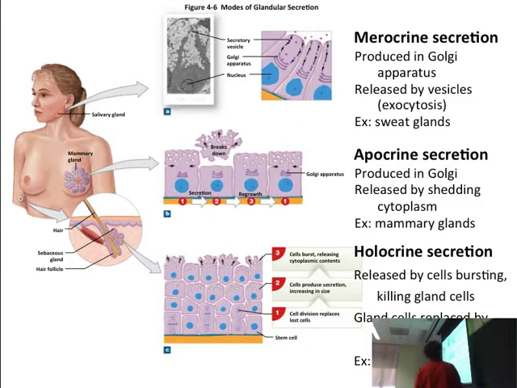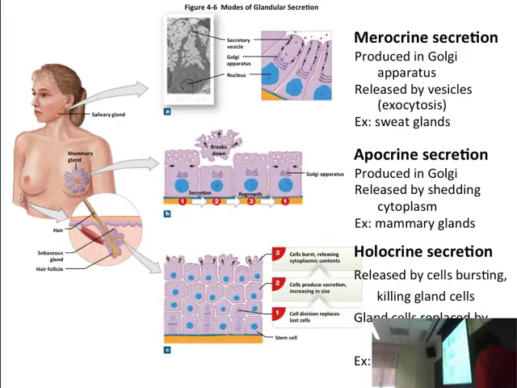Apocrine secretion is also produced in the Golgi. However, rather than exocytosing a little bubble and keeping the plasma membrane, right? Because in merocrine, we have the plasma membrane.